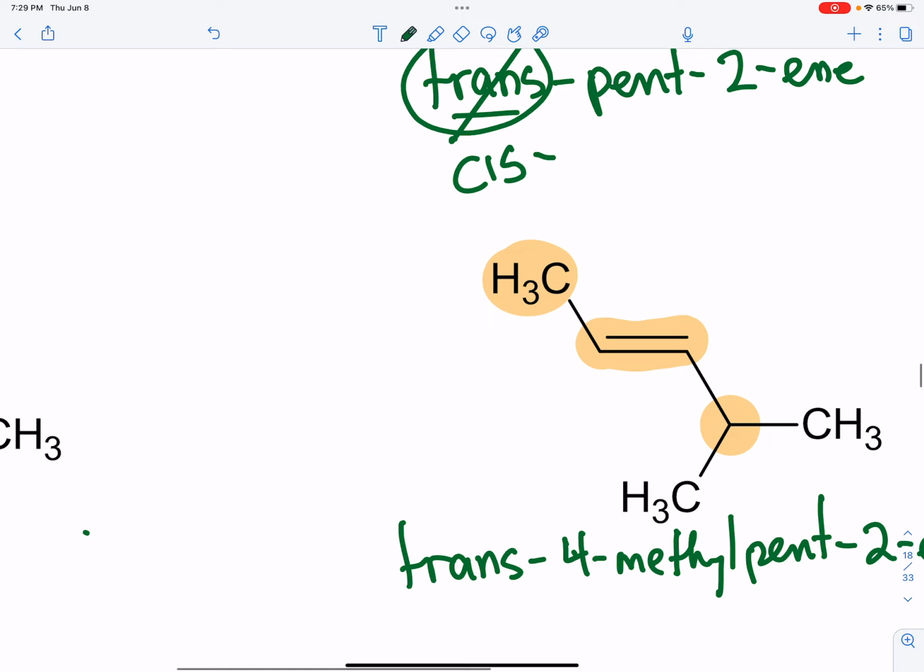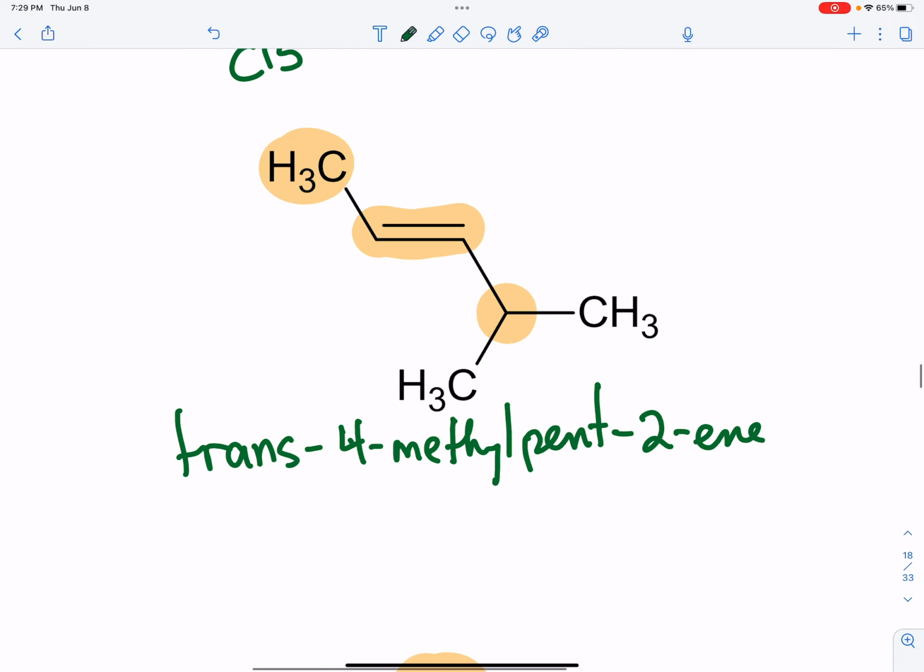If you look back at one of our cis or trans examples, like this one, remember there was a hydrogen here. If you were to take this hydrogen and this methyl group and switch places, then yes, this would change the shape of the molecule. In fact, it would change it from the trans isomer that we see here to the cis isomer.